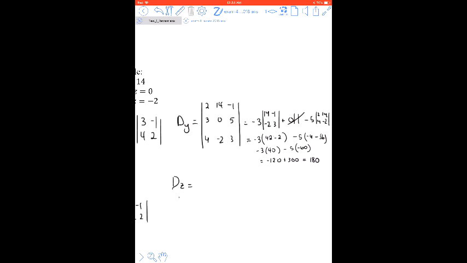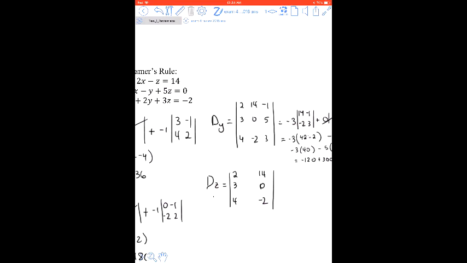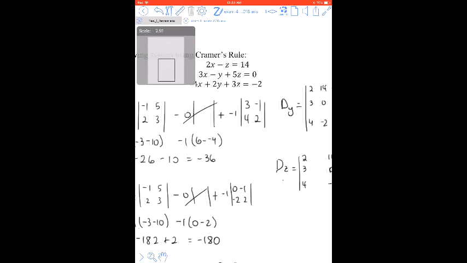So the D sub Z, now the Z column here, the last column, is going to take these numbers. So 14, 0, negative 2, and the X column stays the same as it originally was, 2, 3, 4, and the Y column is the same as it originally was.